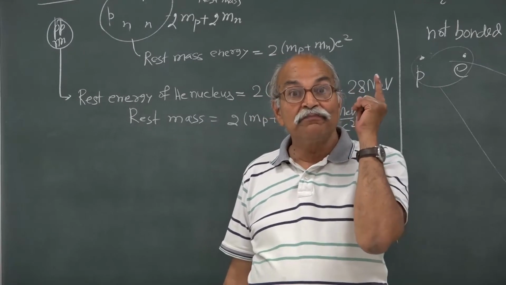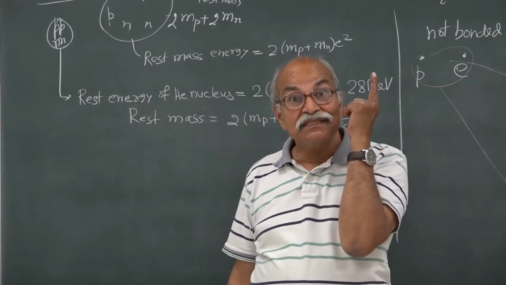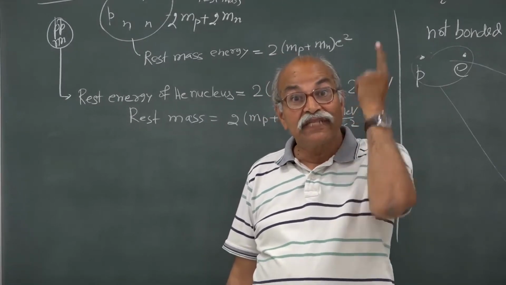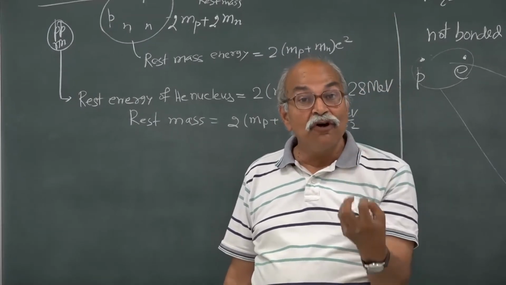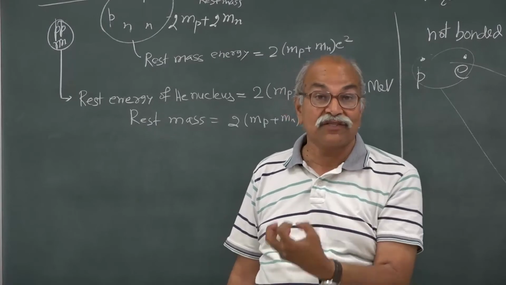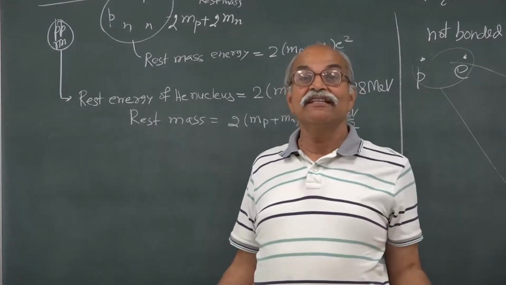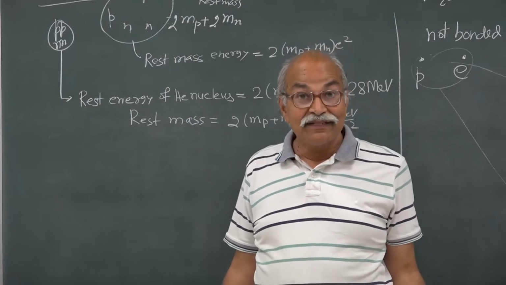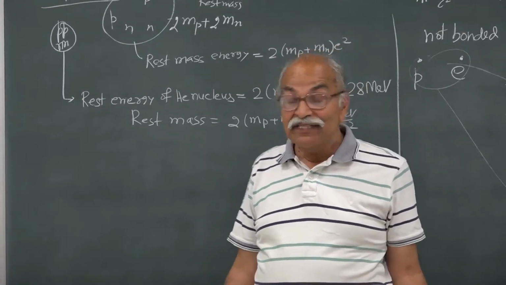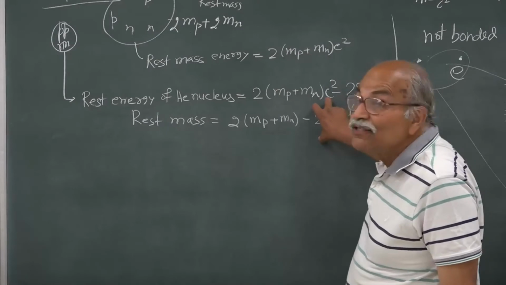When 4 protons in the core of the sun combine to form a helium nucleus, we get energy. From where is that energy coming? It is coming from this difference only.